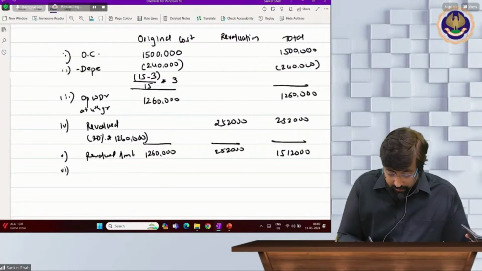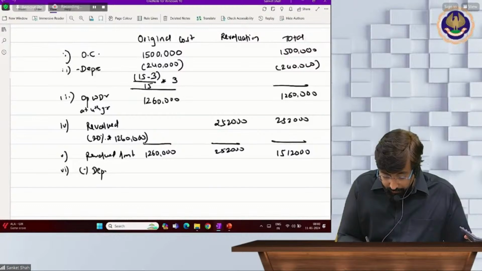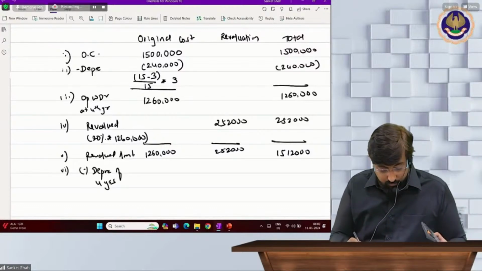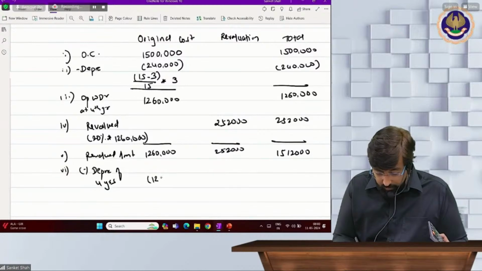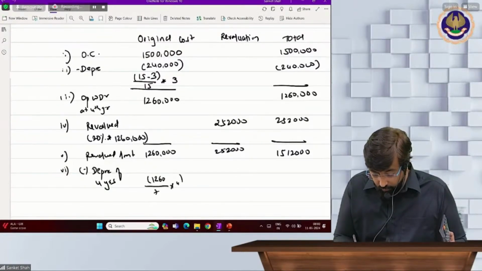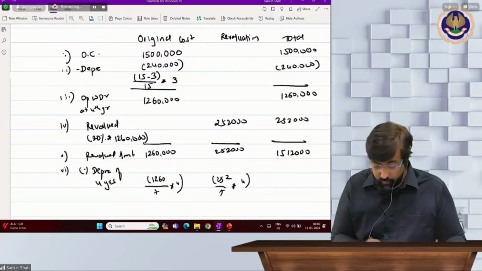Now again depreciation of 4 years. 12 lakh 60,000 divided by 7 into 4. 252 divided by 7 into 4.